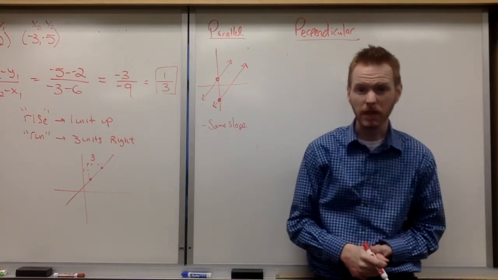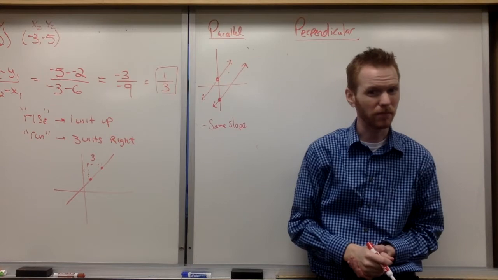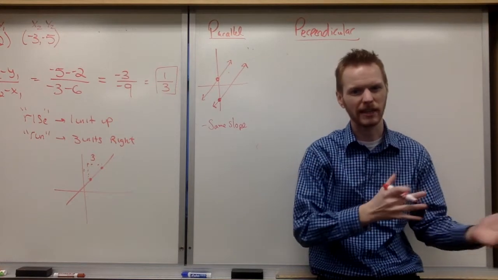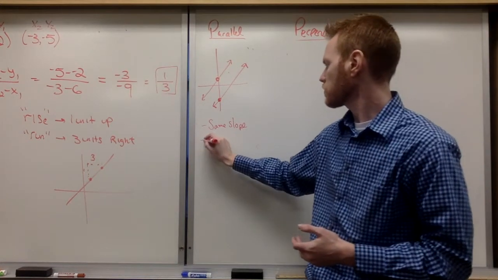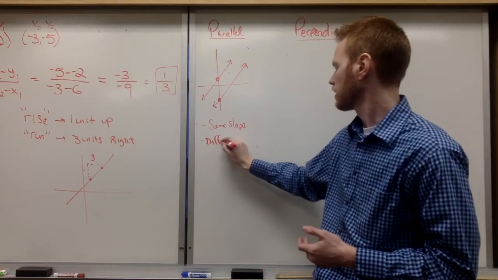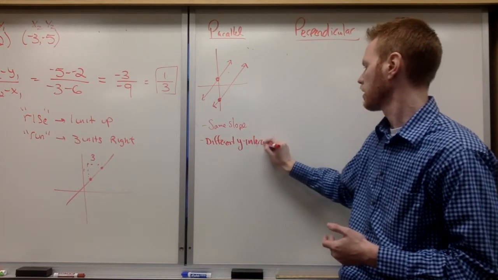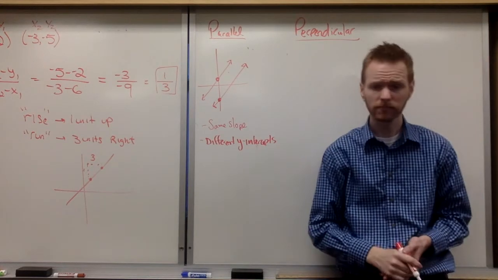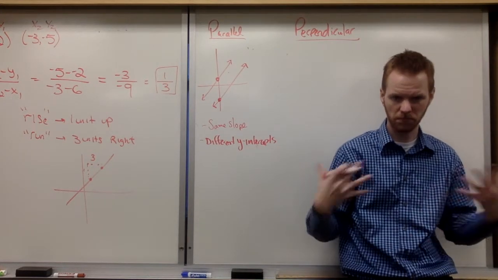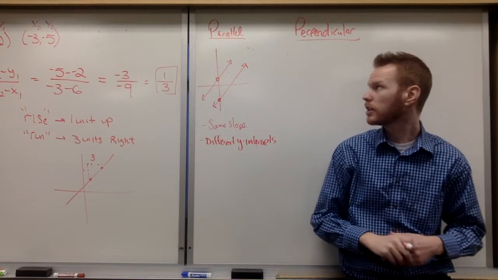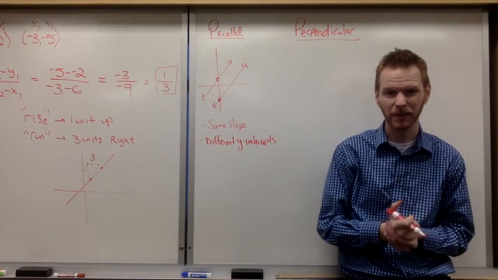Remember, our y-intercept for a graph is like our starting point, and we'll discuss more of that in the second video. So I have the same slope, but different y-intercepts. All right. Characteristics of parallel lines. Okay.